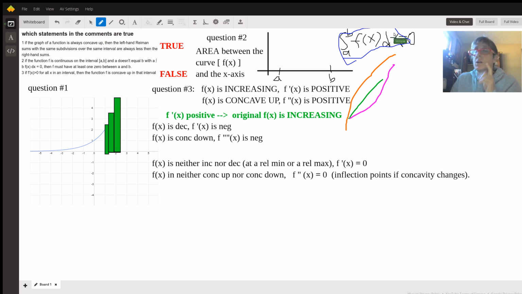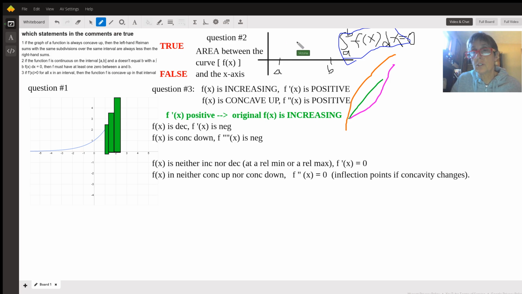So the only way you can get the integral to be 0 is if you have the same amount of area between the x-axis and f of x above the axis as below.